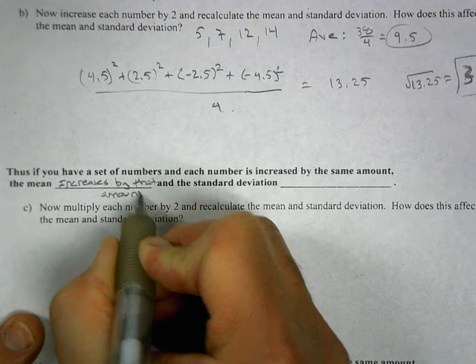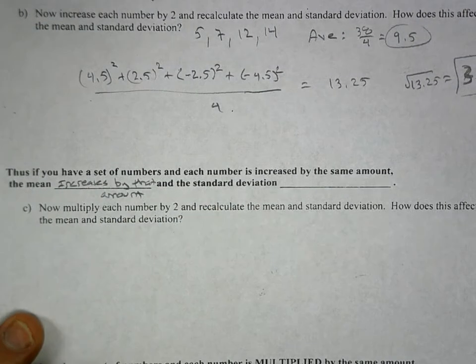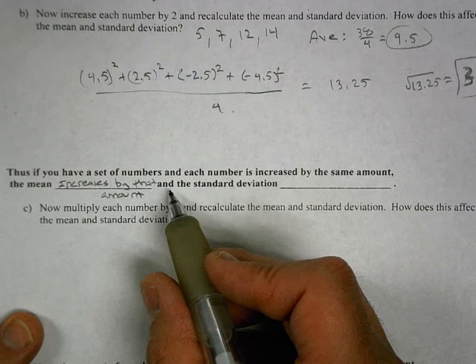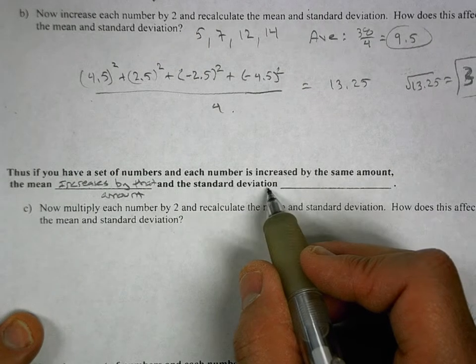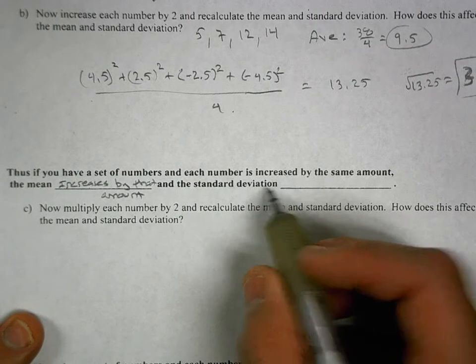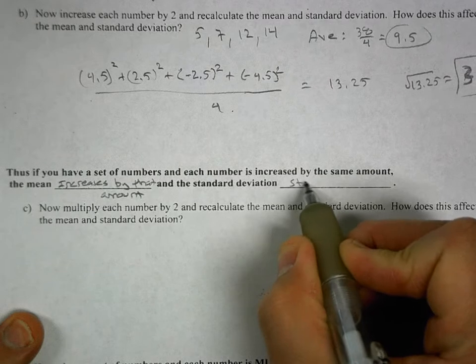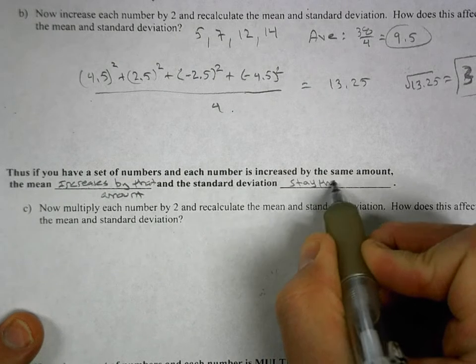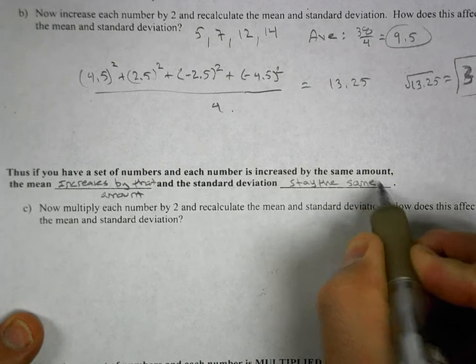So if you add 2 each time, the average increases by 2. If you add 7, the average is increased by 7. Okay, and what happens to the standard deviation? Stays the same. Okay, so stays the same.